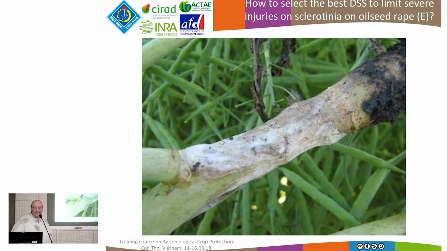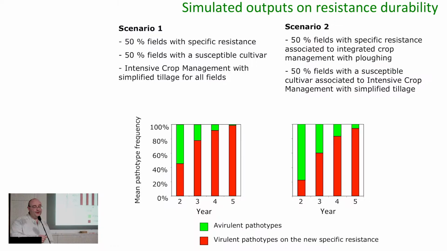For that type of modeling approach, we can have a nice way to, under intensive crop management, with simplified tillage for all fields. So in this simulation, the strategy is not really good to preserve the efficacy of resistance. And the second scenario is the same.